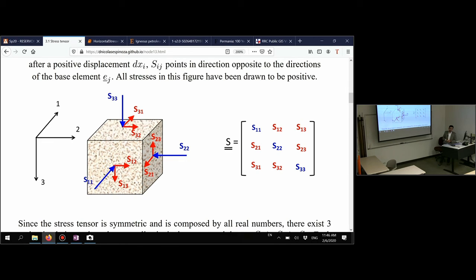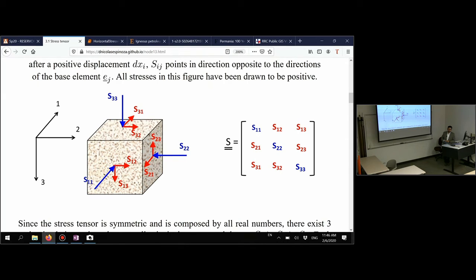Off-diagonal terms are going to be the shear stresses. And there is a convention for the direction of those arrows. This is something that I like that you know, but it's not critical. It's not going to change totally your understanding about geomechanics. But it's something that we should talk about at least once, and you should understand what it means.